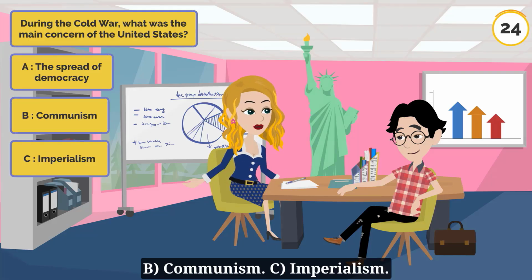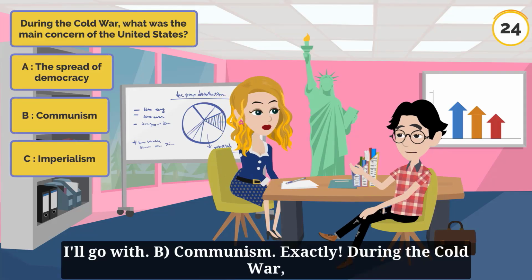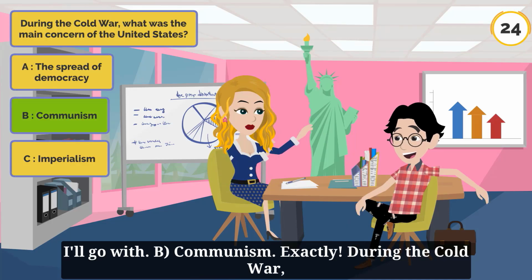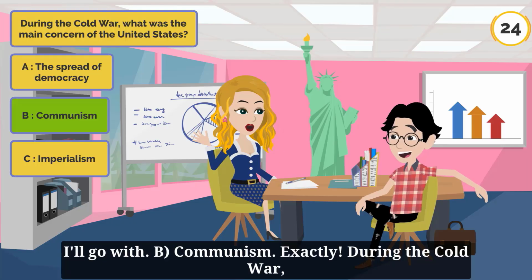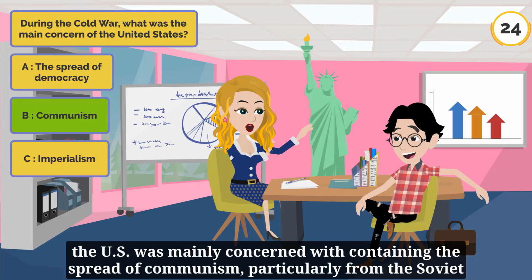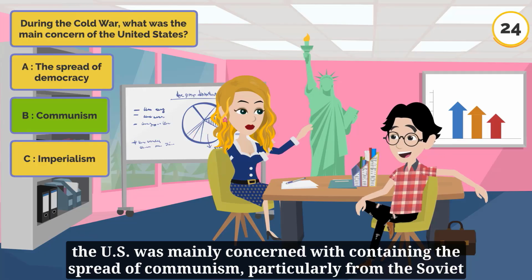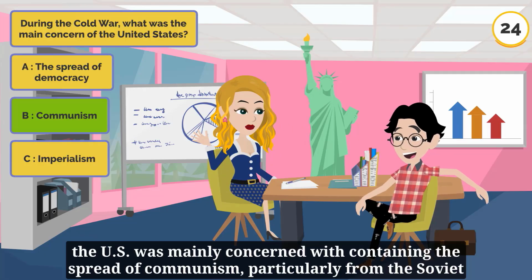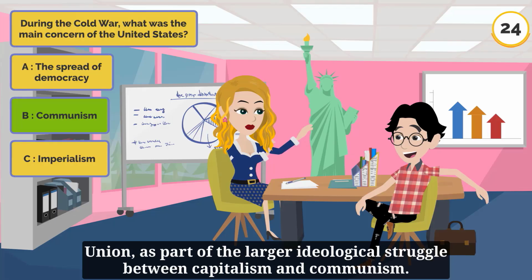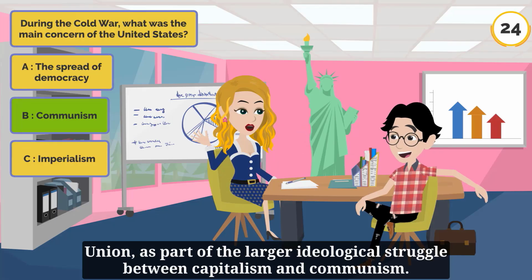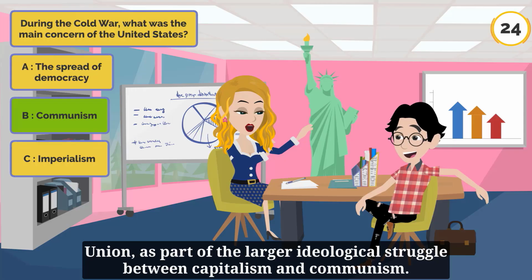C. Imperialism. I'll go with B. Communism. Exactly. During the Cold War, the U.S. was mainly concerned with containing the spread of communism, particularly from the Soviet Union, as part of the larger ideological struggle between capitalism and communism.